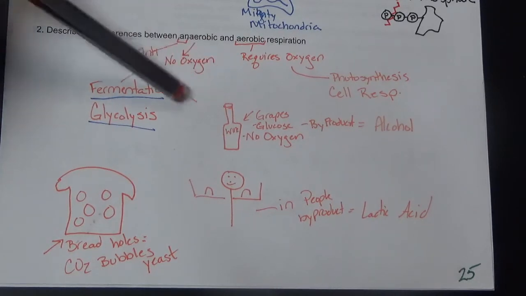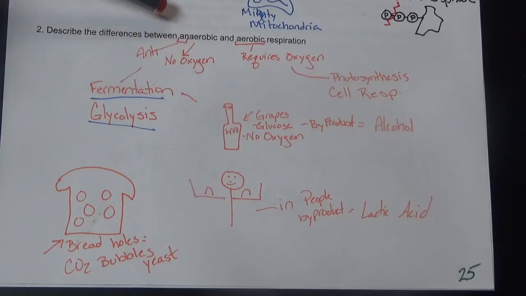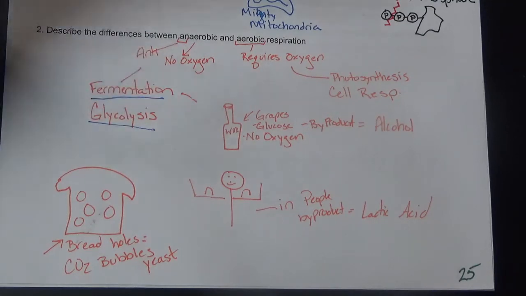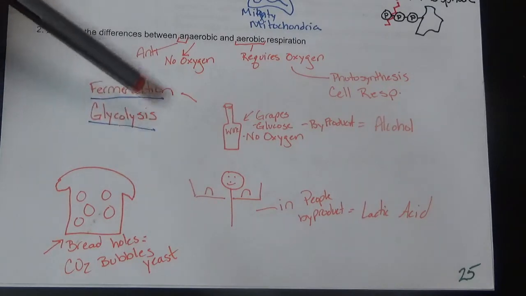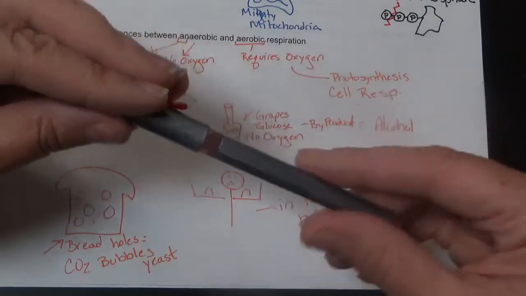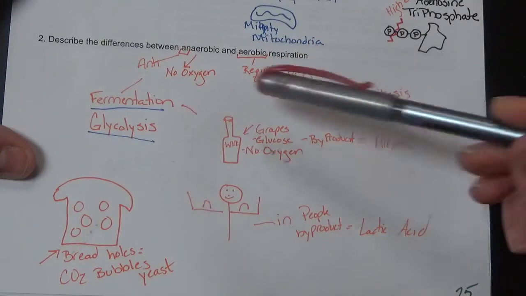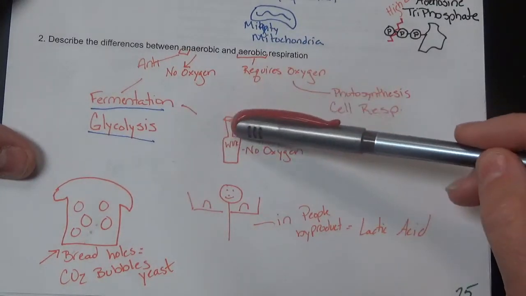The anaerobic processes that we talked about in Unit 4, the processes that can make energy in the absence of oxygen, are fermentation and glycolysis. Fermentation is going to make alcohol as a byproduct. So when you think about fermentation, think about wine.